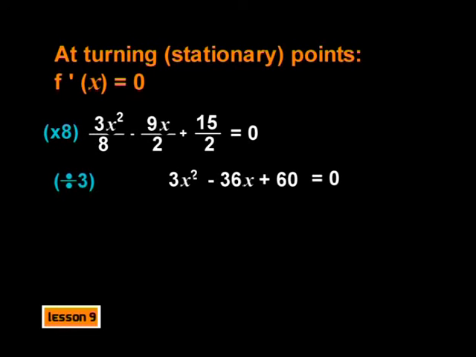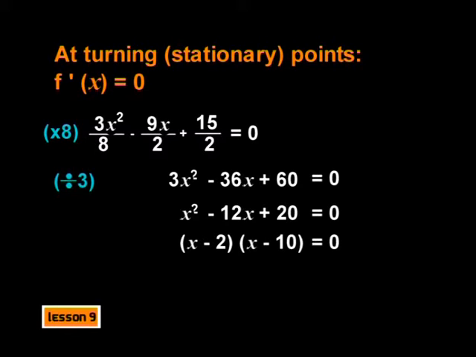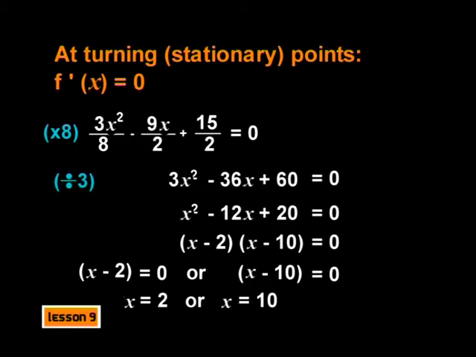And I get an equation that can be factorized as x minus 2 times x minus 10, which implies that either x minus 2 equals 0 or x minus 10 equals 0. And it follows that either x equals 2 or x equals 10.